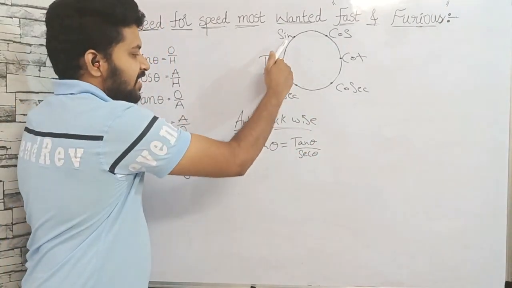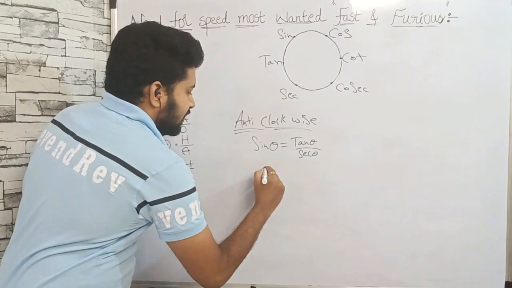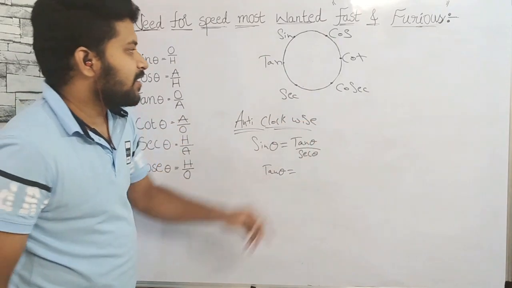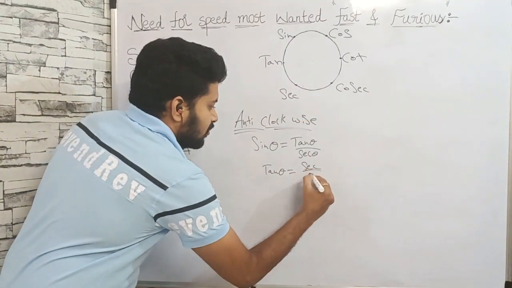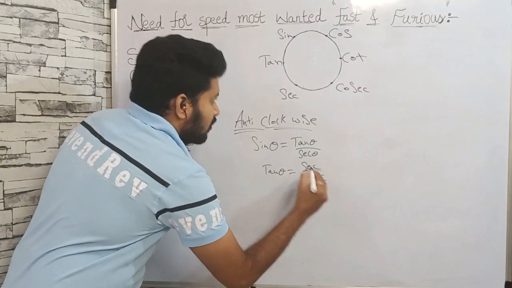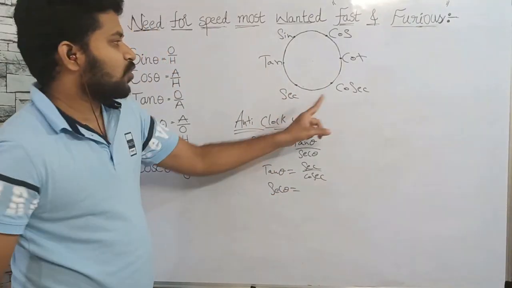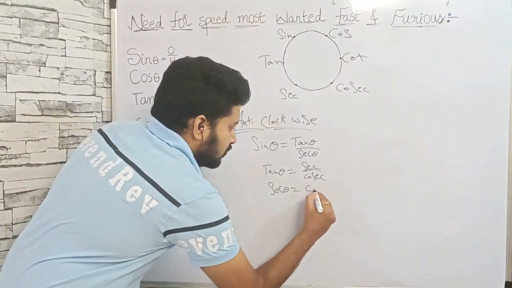Then after sine we have tan. Tan theta is equal to secant by cosecant. And after tan we have secant. Secant theta is equal to cosecant by cot.